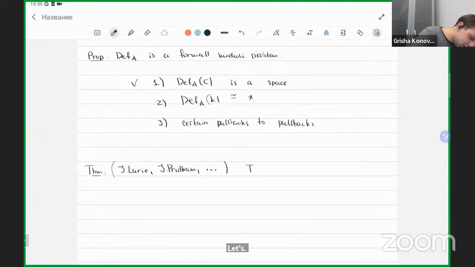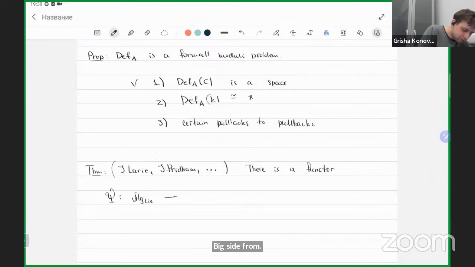Okay, and the theorem is that there is a functor big psi from Lie algebras to functors from Artinian algebras augmented to spaces.